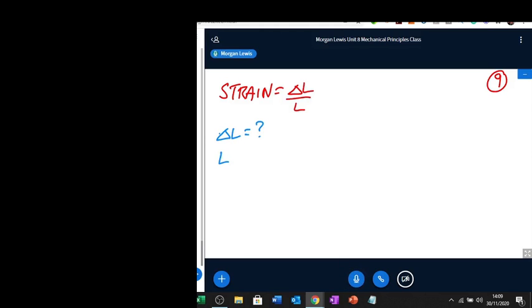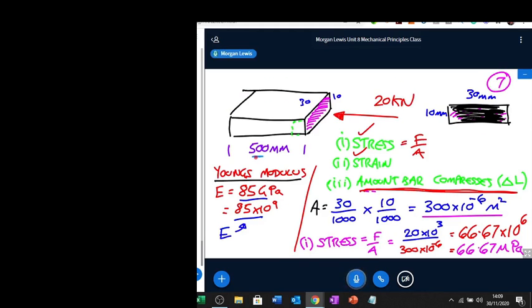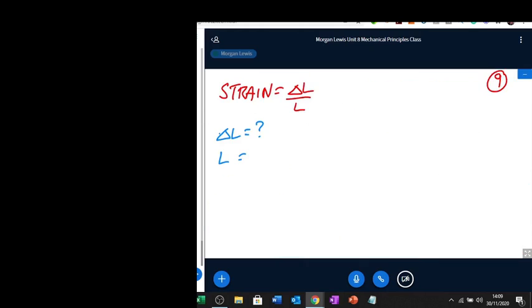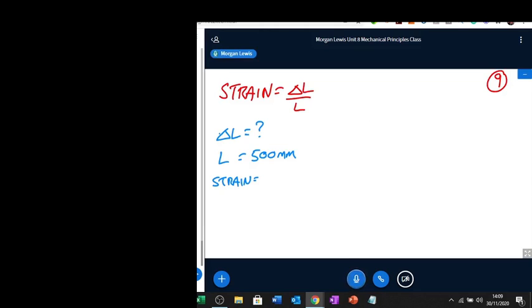We know the length, it's 500 millimeters, so we keep it in millimeters. And we know the strain is 784 times 10 to the minus 6. So we need to find delta L.